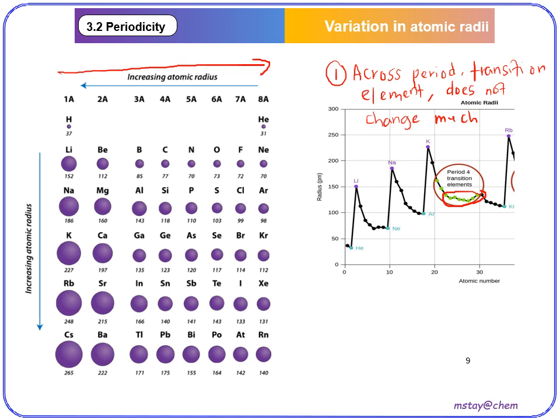Besides the transition elements, we also go through across the period. We notice that the size is getting smaller because the effective nuclear charge is increased.